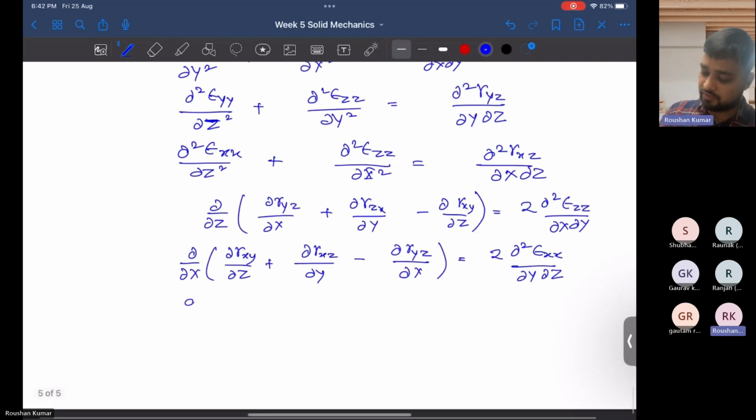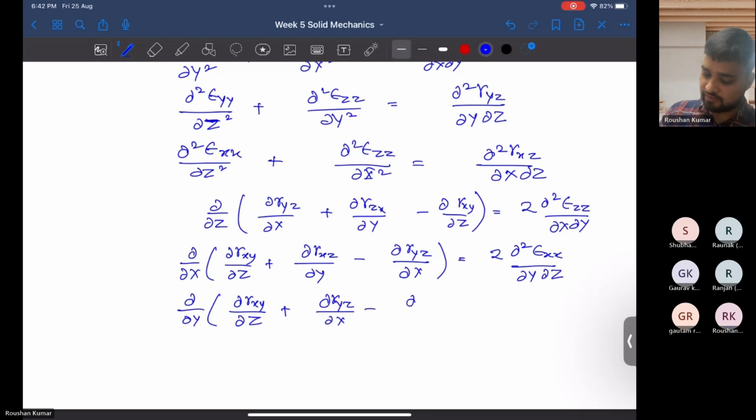And the last equation is del by del y of (del gamma xy upon del z plus del gamma yz upon del x minus del gamma xz upon del y) is equal to 2 times del 2 epsilon yy upon del x del z.